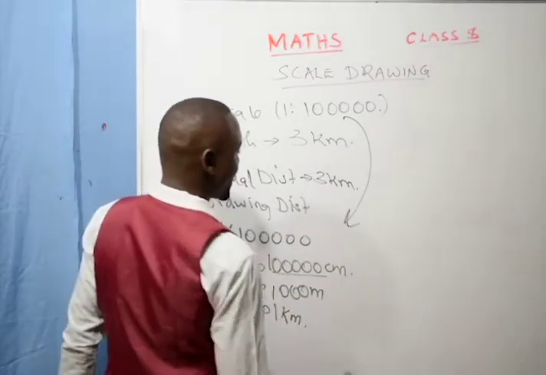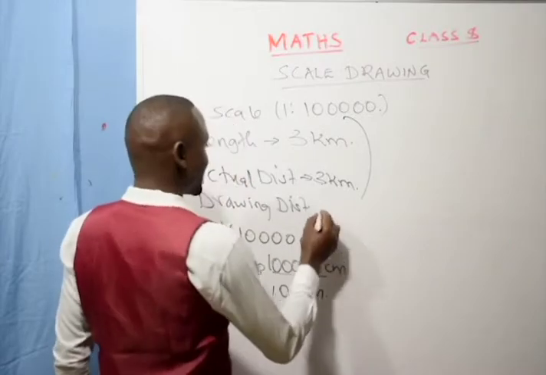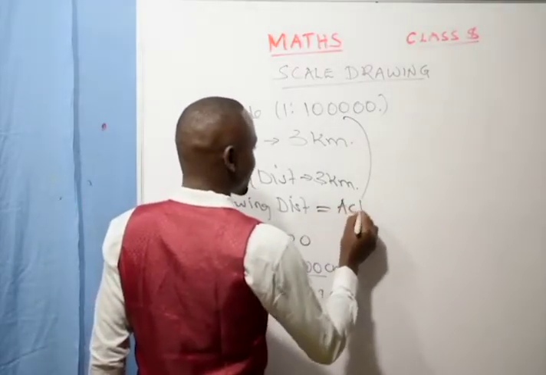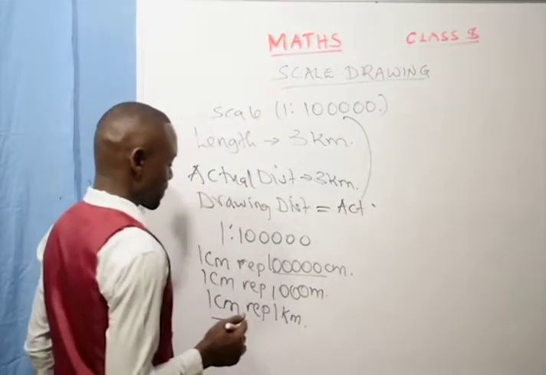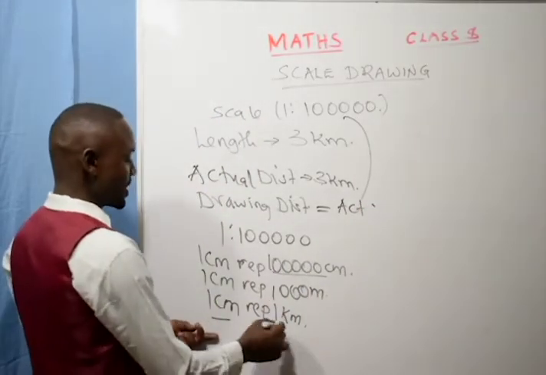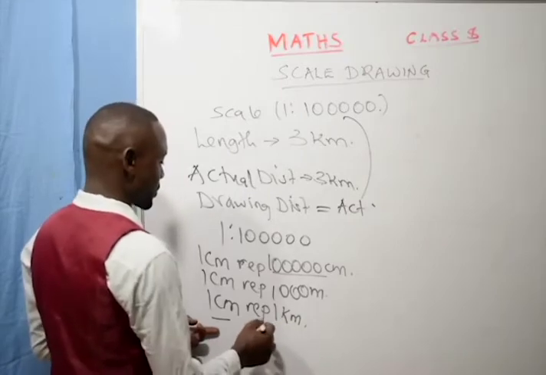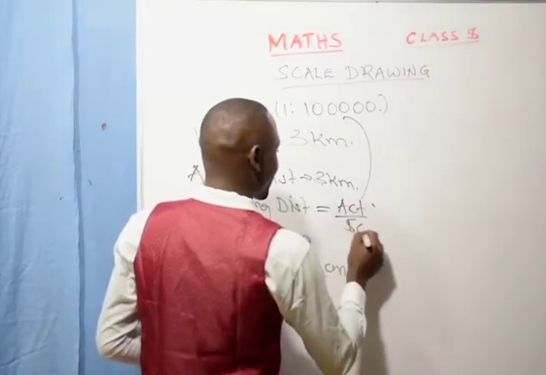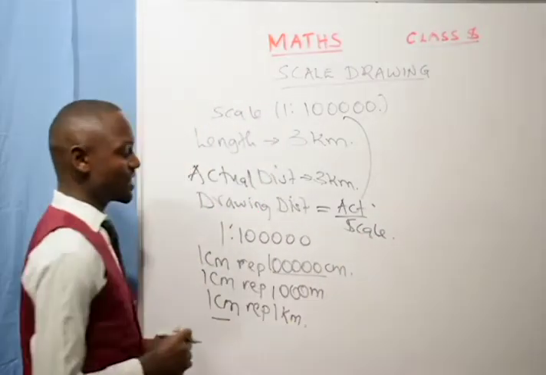To get the drawing length, it is given by the actual length divided by the scale.